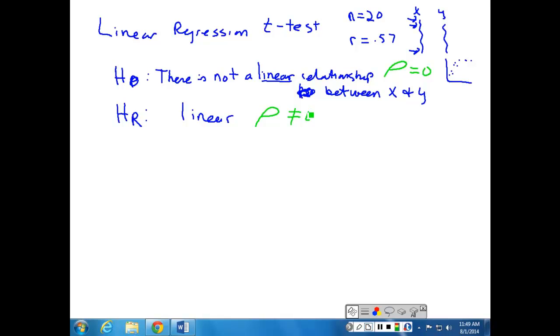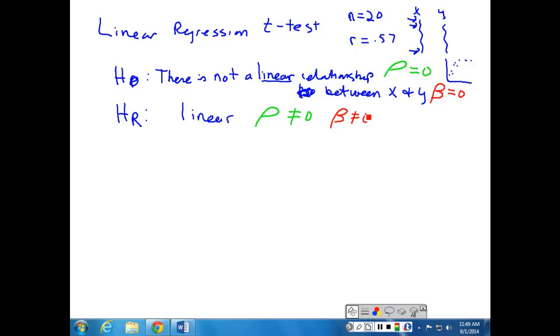Another way to put it, not the way we're going to calculate it in here, but I think I should mention it anyway. And you'll see on your calculator that it does both the rho and they'll also say beta equal to 0, beta not equal to 0.